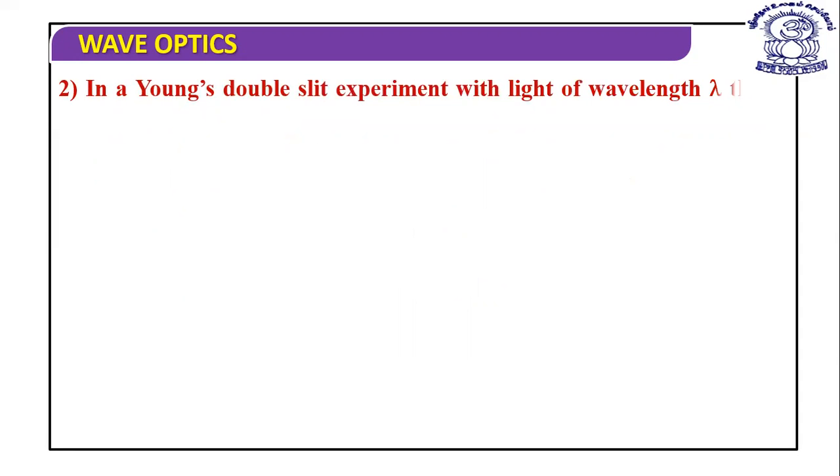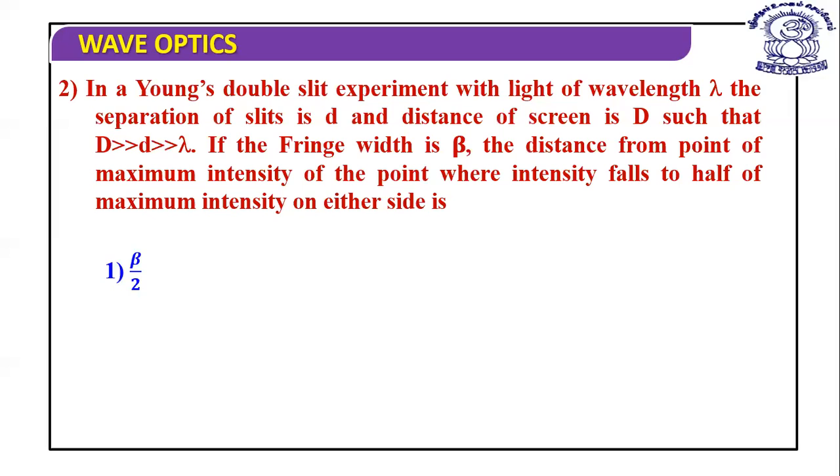Next question. In a Young's double slit experiment with light of wavelength lambda, the separation of slits is small d and distance of screen is capital D such that capital D is very much greater than small d, which is very much greater than lambda. That means there is no diffraction observed. The fringe width is beta.